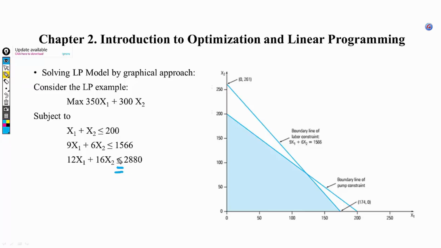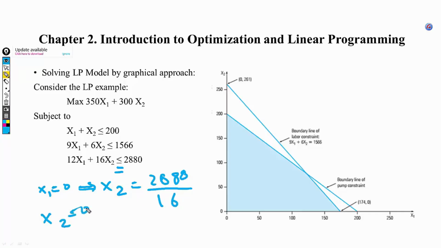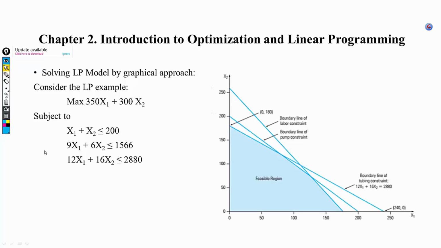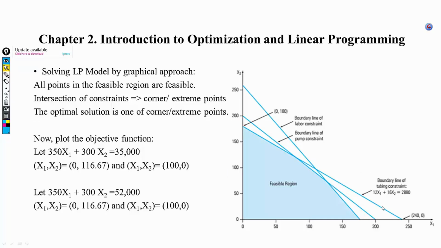Similar to the first constraint, we put x1 equal to 0 and find x2, which is 2880 divided by 16, and we put x2 equal to 0 and we find x1, which is this number, and then we connect these two points, and this is the third constraint.